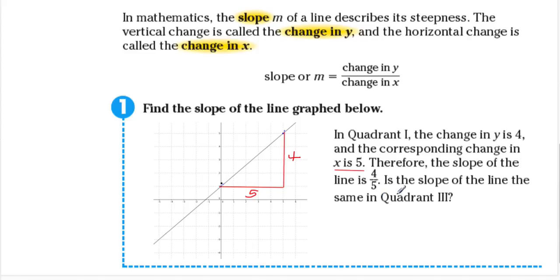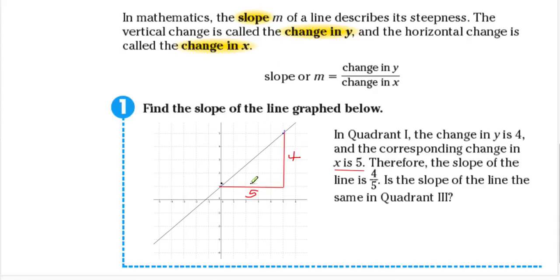Is the slope of the line the same in quadrant 3? If you look at quadrant 3, this is quadrant 1, quadrant 2, and quadrant 3, and we do the same thing, using the same principle.